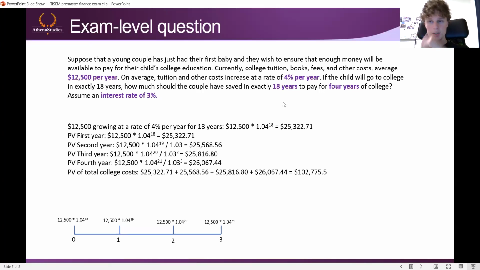A quick few side notes about this question: notice how they try to confuse you by the way they format this story. In previous questions, present value was always the time it is now, but in this question, the present value is 18 years in the future. Logistically, this is exactly the same question.